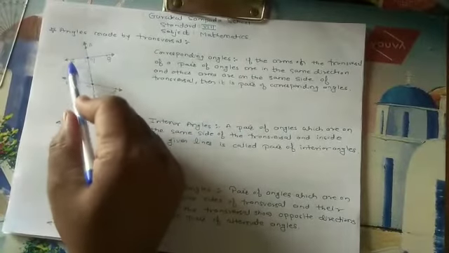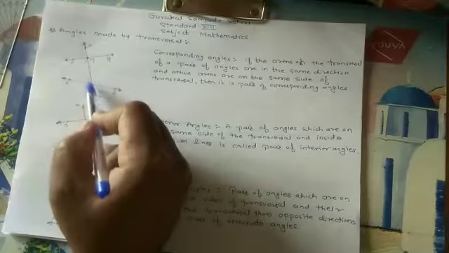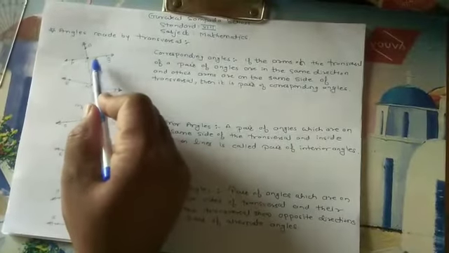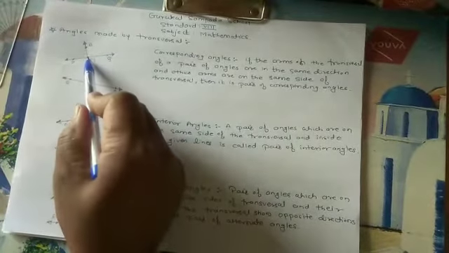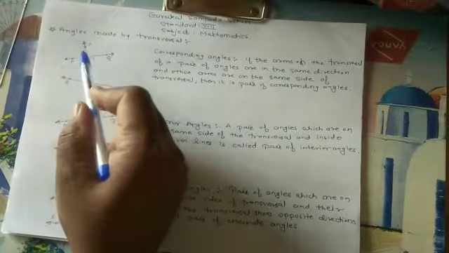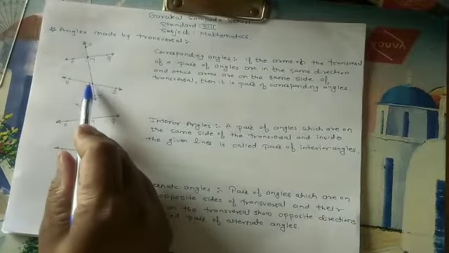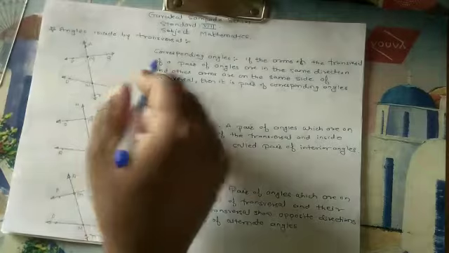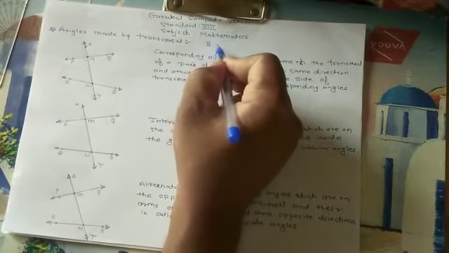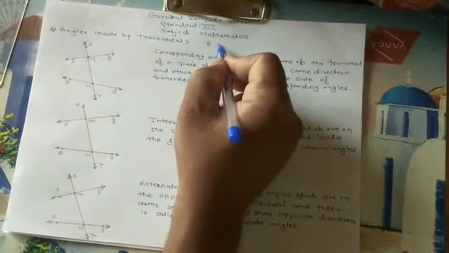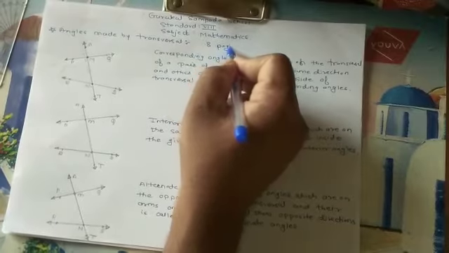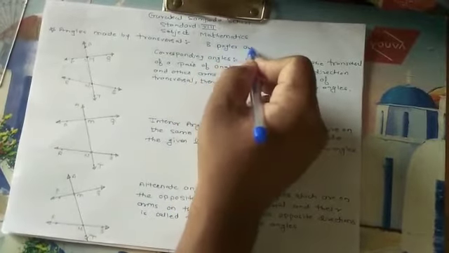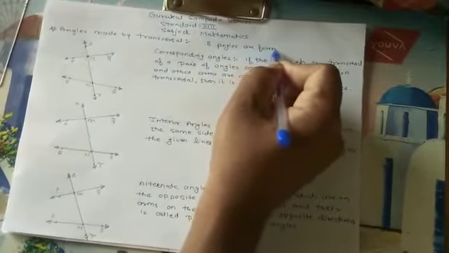Inside are angle PMN and angle QMN. So at point M four angles are formed. Similarly, at point N four angles are formed. So in total 8 angles are formed.